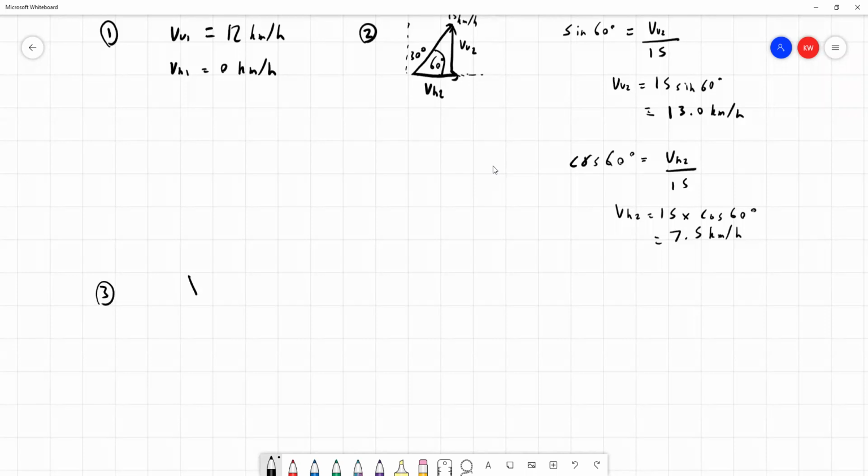So vector 3 acts down the way at an angle of 40 degrees from the vertical line, and it has a value of 20 kilometers per hour. So in this case, we're going to use the angle we're given and just remind ourselves about being careful with trig.